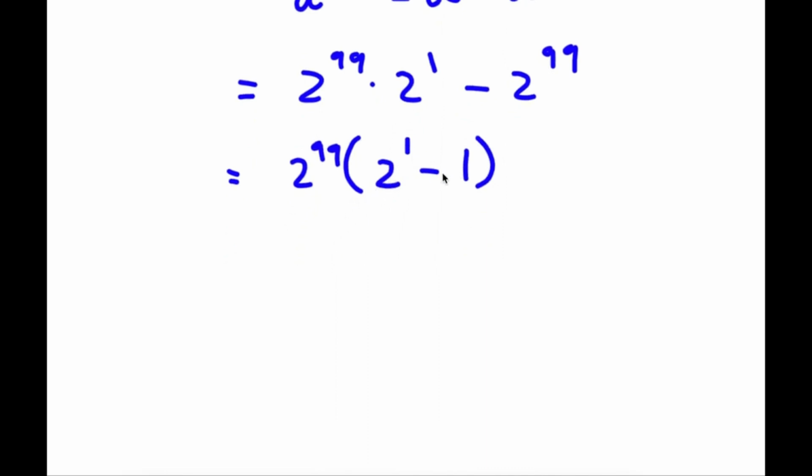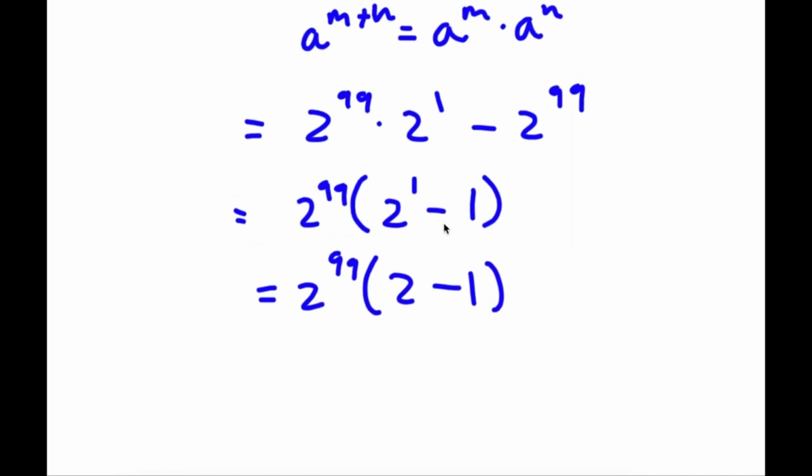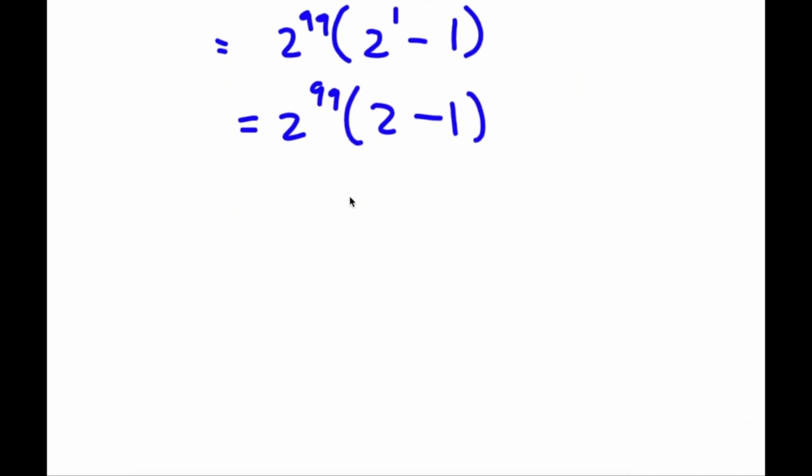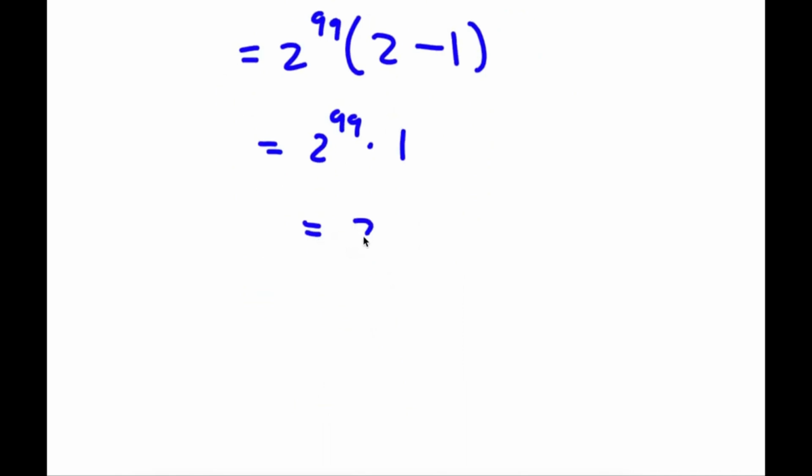Now, 2 to the power of 1 is 2, so I have 2 to the power of 99 times 2 minus 1. And 2 minus 1 is simply 1. So I have 2 to the power of 99 times 1. Anything times 1 is itself, so now I have 2 to the power of 99.